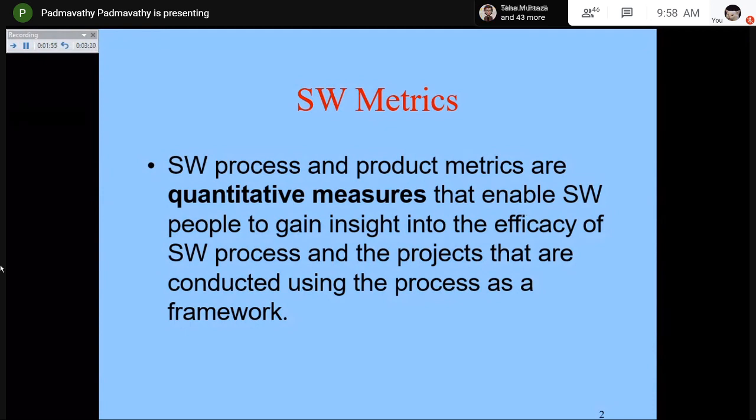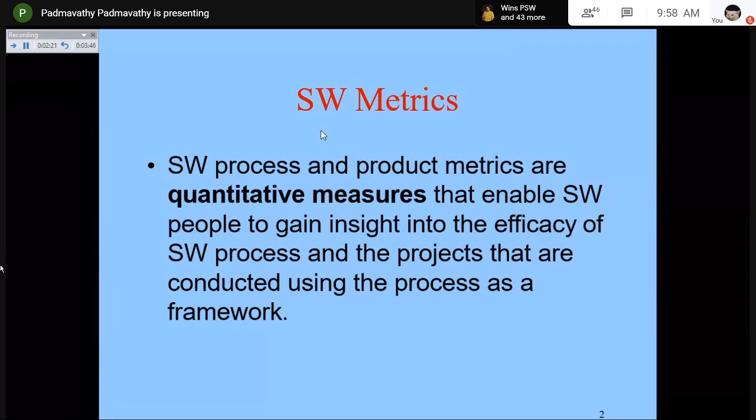So software metrics, the software process and product metrics are quantitative measures. In the software industry you have metrics for process, product, as well as the project. So process metric is for the different activities that are performed to develop the software.